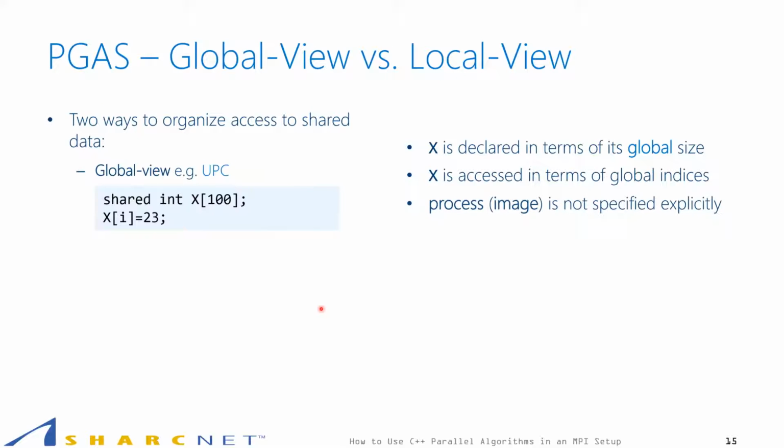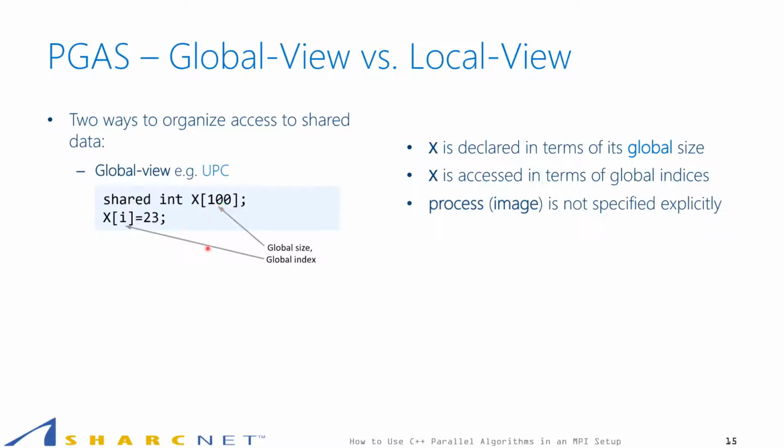There is also a concept of global view versus local view in PGAS. There are two ways to organize access to shared data. One is global view, which if we want to express it in UPC terms, is shown like this: shared int x with 100 elements.